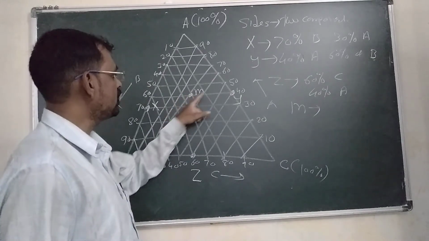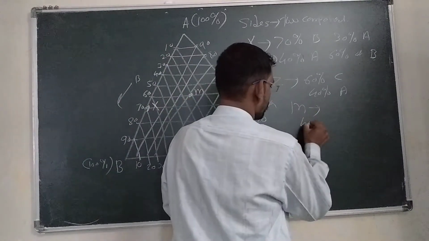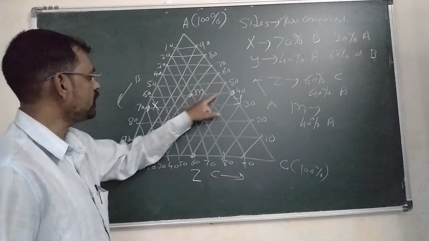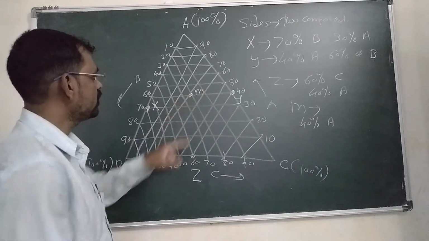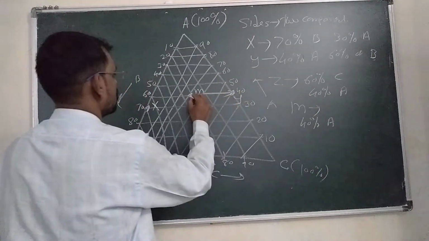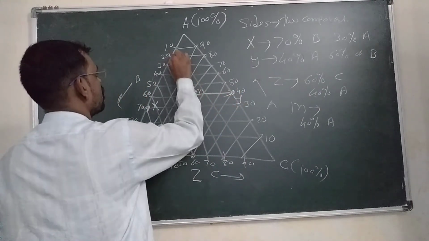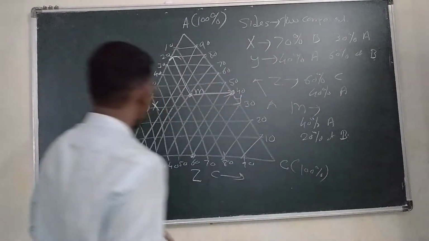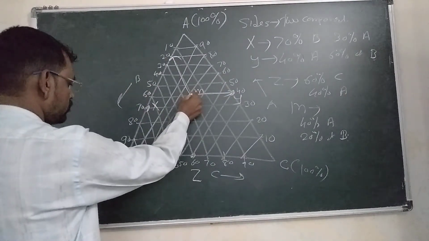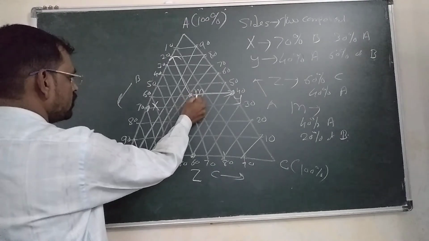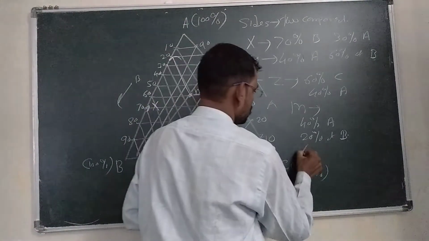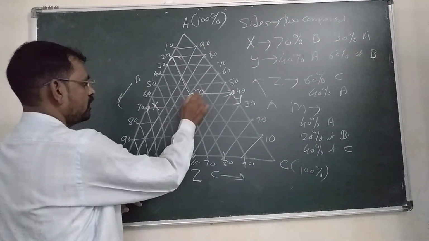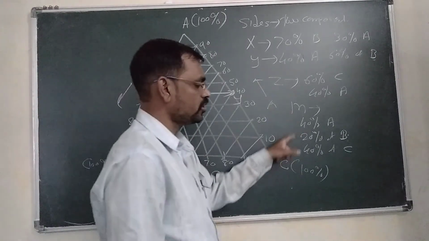M here is 40% of A, then this is 20% of B, and M point is 40% of C, because the sum should come to 100.